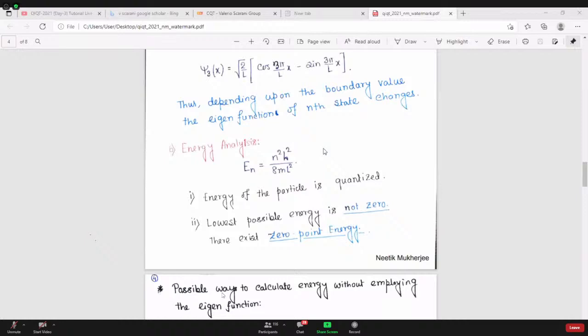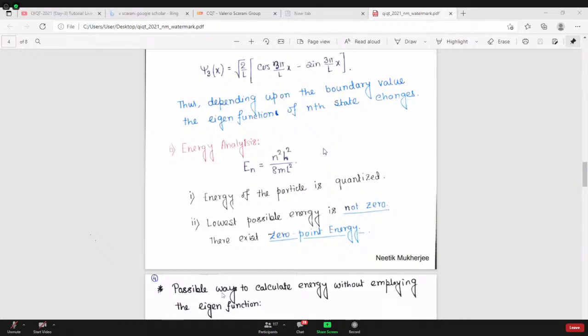But in all these three calculations, we have kept the box length fixed. So if your box length is fixed, then wherever your boundary is, whether you have put it from minus L by 2 to plus L by 2 or 0 to L or whatever you like, your energy will always be n square h square by 8 m L square. This is the virtue of this energy.